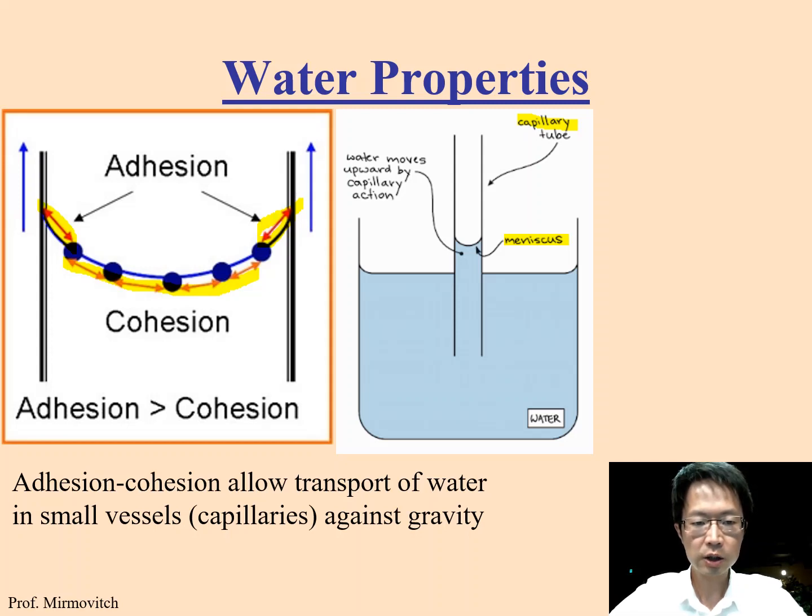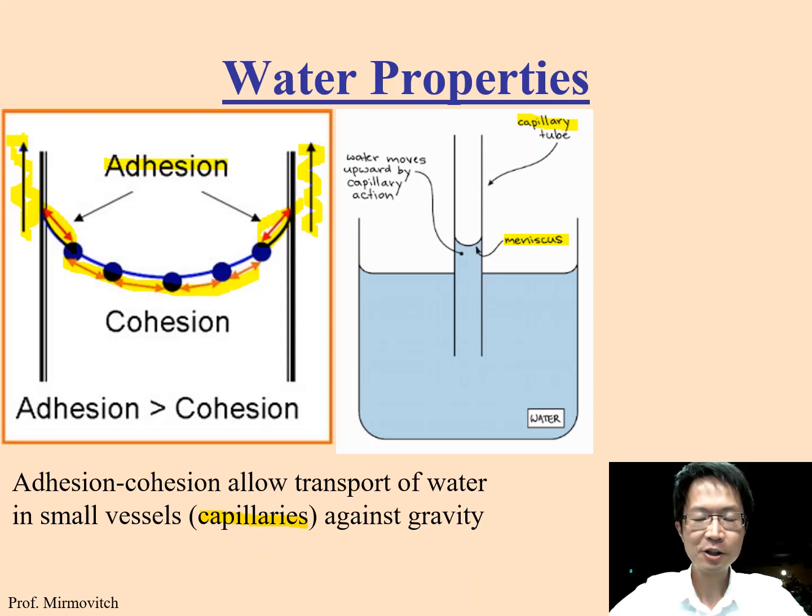Adhesion is the force that pulls the water up. That's why when we talk about capillary action, usually water can move up in a small tube. We call it capillaries. And it is against gravity.